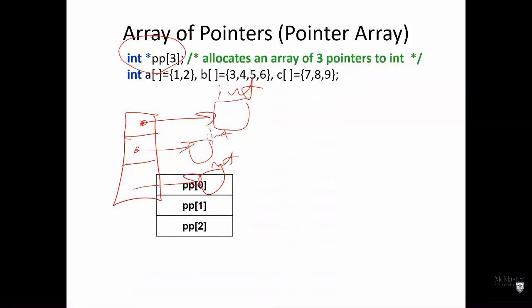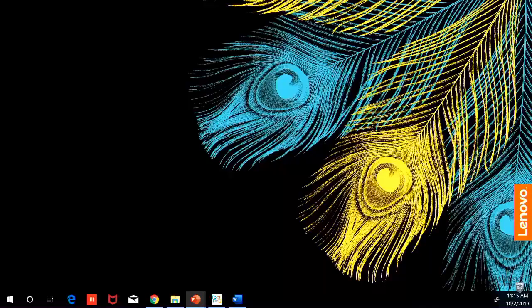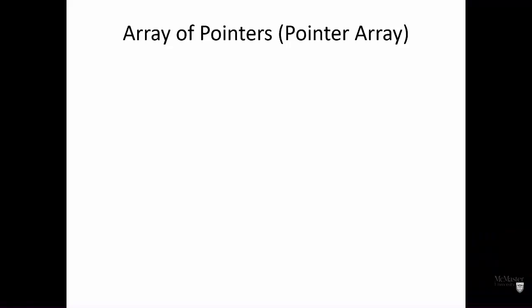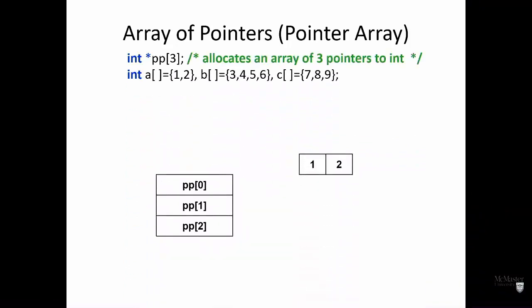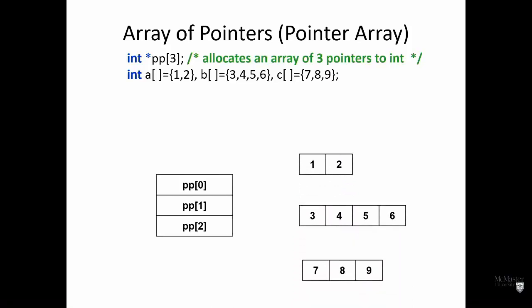So here, I don't know if you can see what I'm writing, but I'm initializing an array with 2 elements, 1 and 2, and another element. So here, I'm initializing 3 arrays. This is A, this is B, this is C. Then, because all of these are arrays of integers, I can make each pointer point to one of them, as your colleague said.